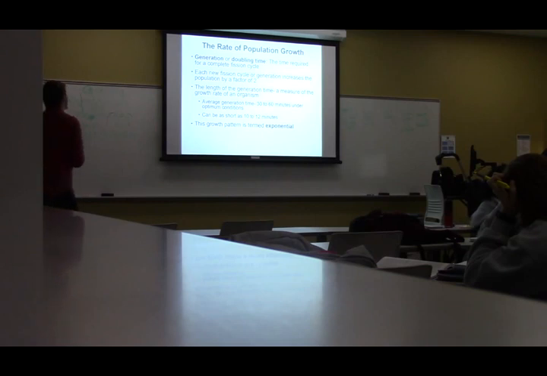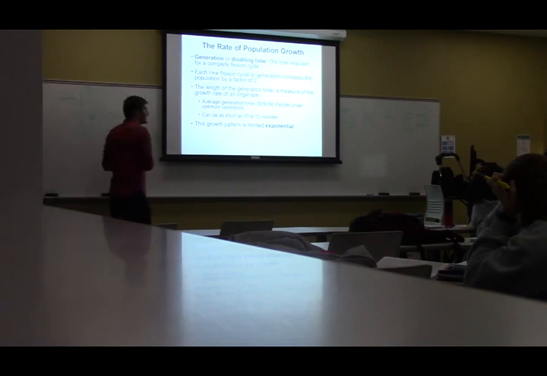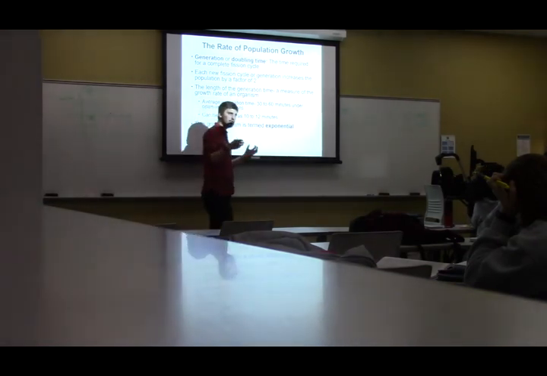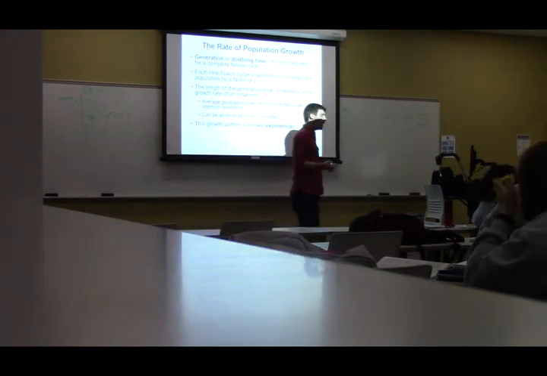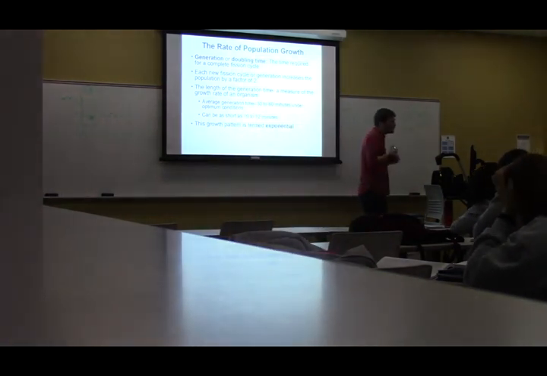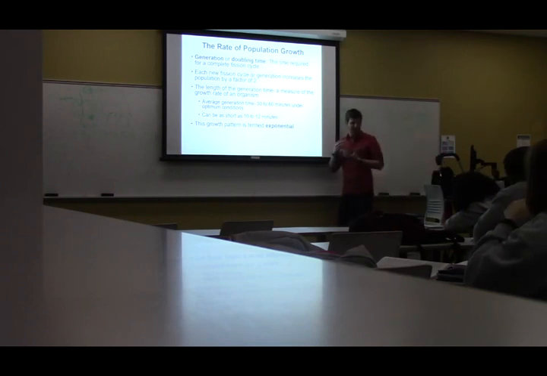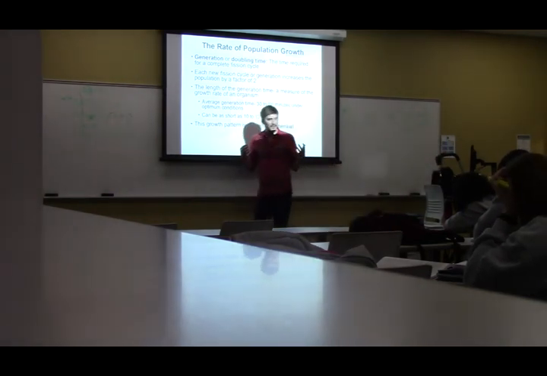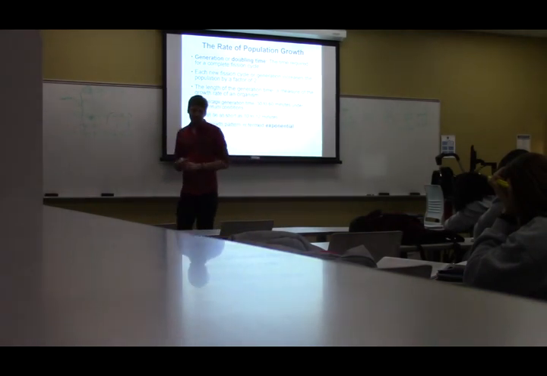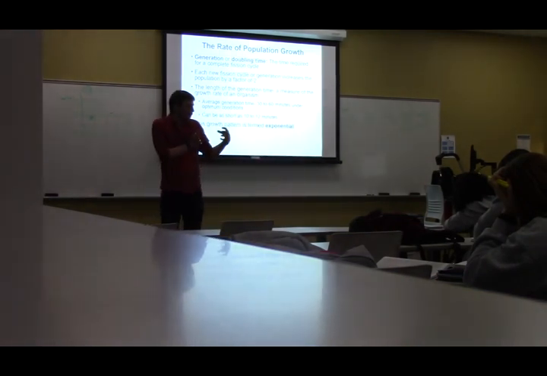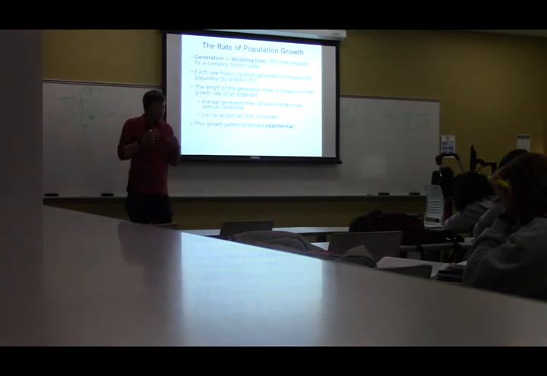Now, for each organism, the amount of time it takes to go from one organism to two is called the doubling time. And the doubling time is intrinsic to the organism, which means each organism has a doubling time that they go by. Okay? And this is based on their genetics. Sometimes you can speed that doubling time up or slow it down a little bit by changing things like temperature or gas or things like that.